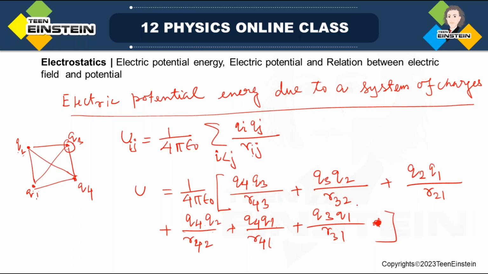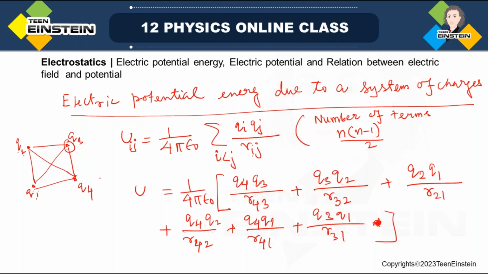Now how can you be sure that I have written all the terms? To check that, the number of terms, how do we calculate? We calculate n into n minus 1 by 2. In this case, we see what is the maximum number here.